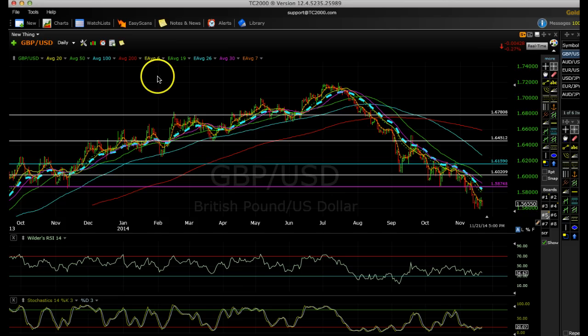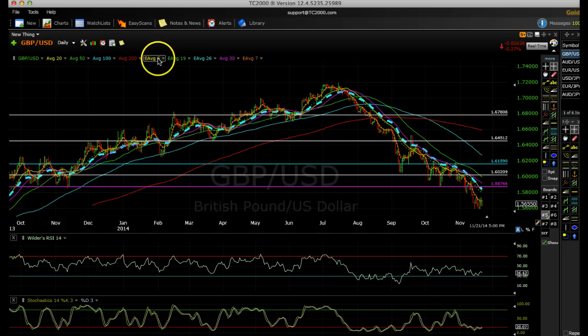Also, the smaller indicators that I use on other time frames, you'll see the 7-day exponential moving average, my 30-day moving average, my 26-day exponential moving average, the 19-day exponential moving average. The 6-day exponential moving average pretty much cancels out because I actually use the 7-day.